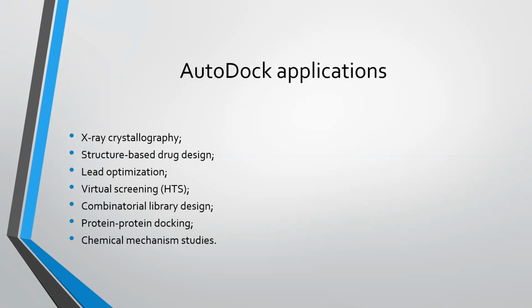Then a graphical user interface has also been developed for the AutoDock program, that is ADT. We discussed the applications of AutoDock. It has X-ray crystallography applications and structure-based drug design in several stages like virtual screening, lead optimization, and combinatorial library design. It also has applications in protein-protein docking and chemical mechanism studies.